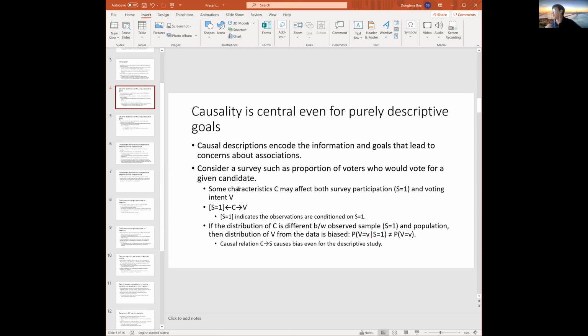Then the observed sample has more rich people, who prefer one candidate over the other. So the distribution from the sample will not represent the distribution of the voters' preference in the population.